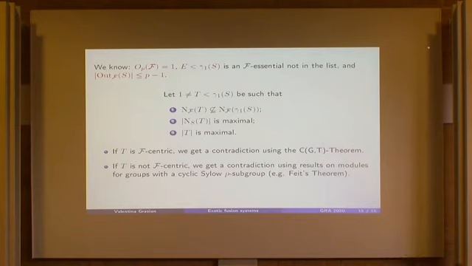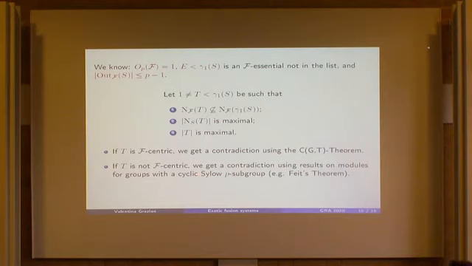And again, we need now to work with some big results on modules for groups with a cyclic Sylow. Now, what is the group here? Here is the automorphism group, the one that gives me these morphisms that I don't know where they come from. So there's an automorphism group of some essential, and I can assume this has a cyclic Sylow, and then it needs to act on some module, and I can use results about this action to get a contradiction.